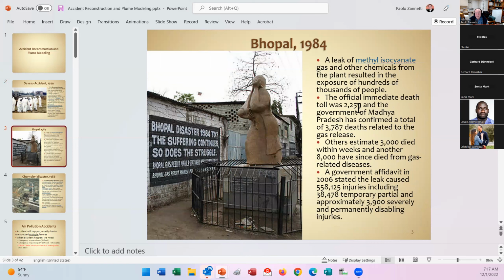Another terrible accident is the Bhopal release in 1984. Thousands of people died. This was really something really bad. I published a paper on Bhopal, which I think is mentioned somewhere. And we were able to establish that it was really a series of problems that coincided at a certain time.